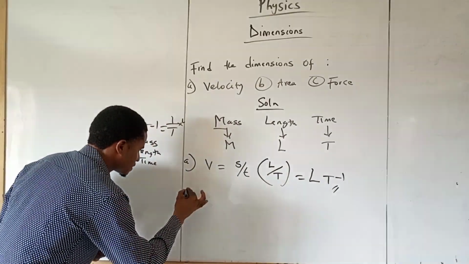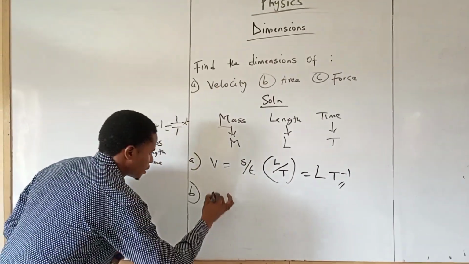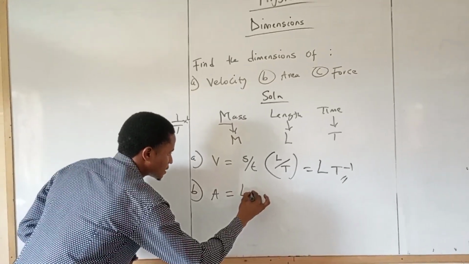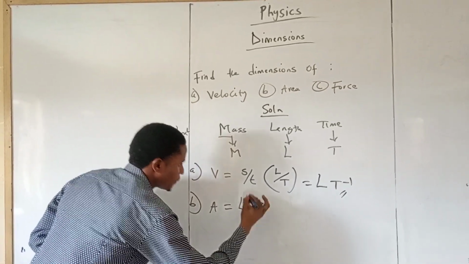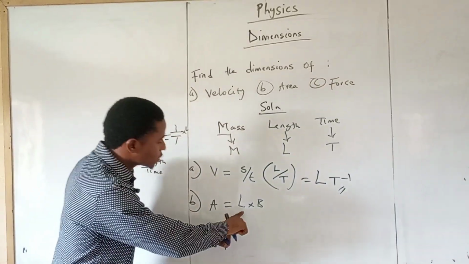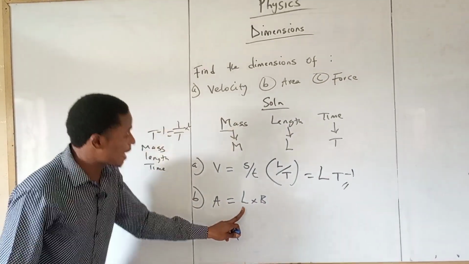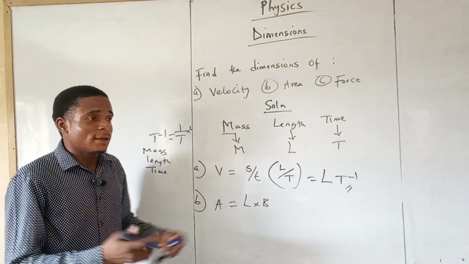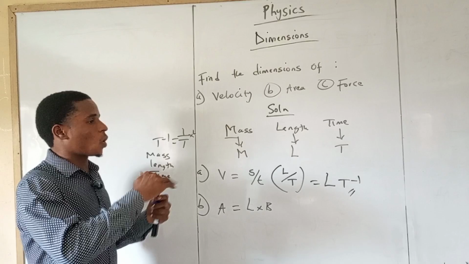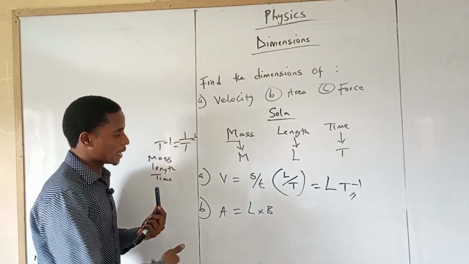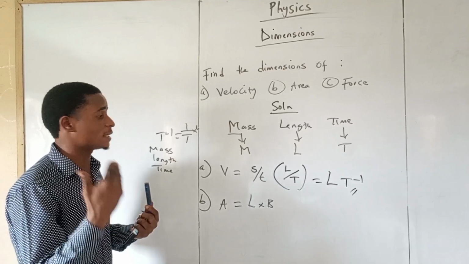And the second one is area. Area can be defined as length times breadth. And these two quantities you're seeing here, length and breadth, are the same. It's just that the way they appear is different. The length and the breadth are both talking about length.